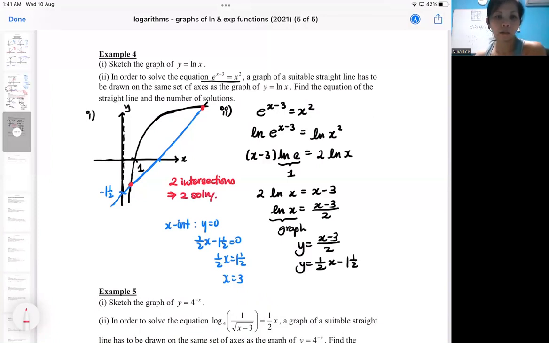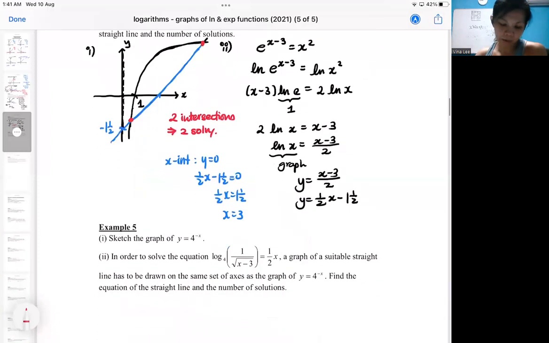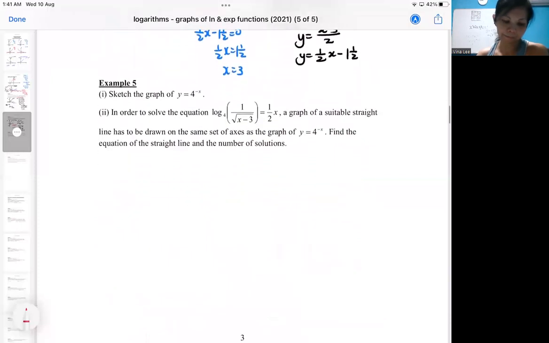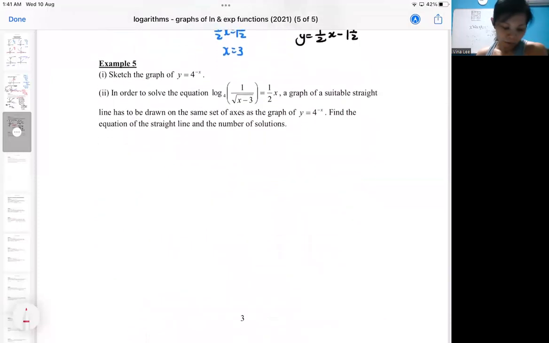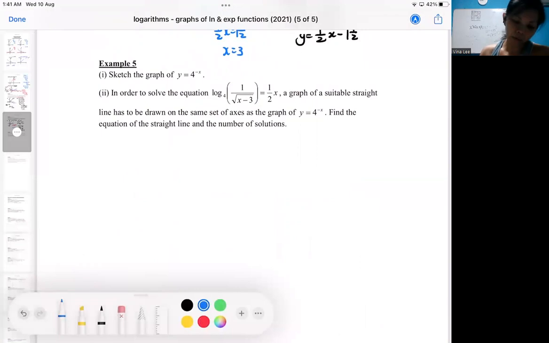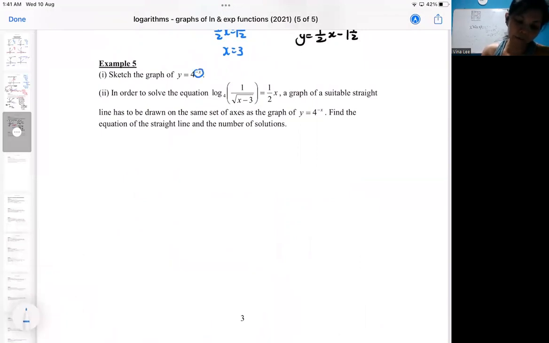So generally it will go like this. So it will be the same thing like example 5. So example 5, if you look, it's a negative coefficient and the base is more than 1.